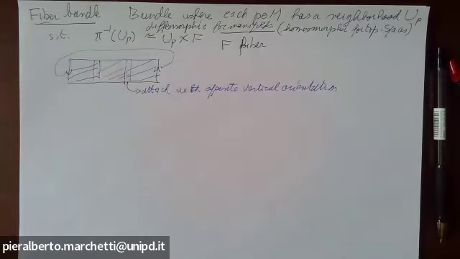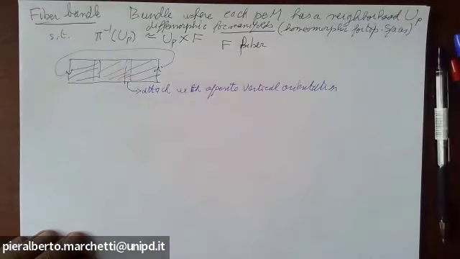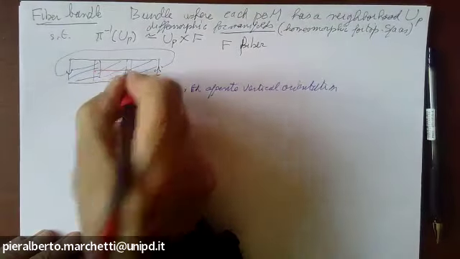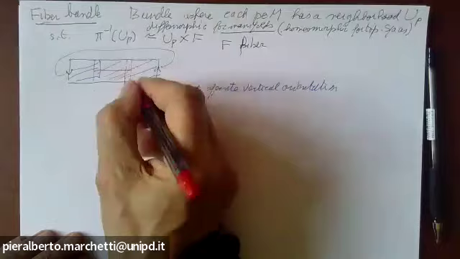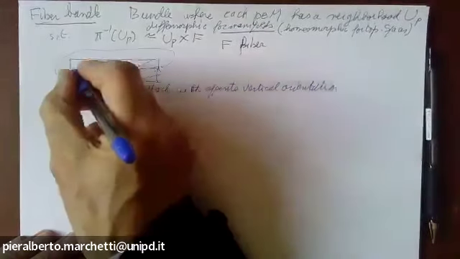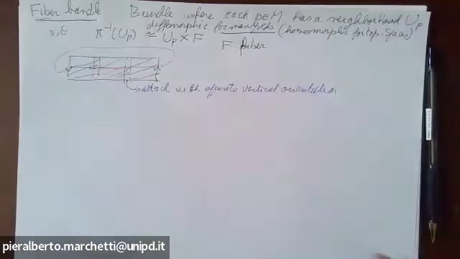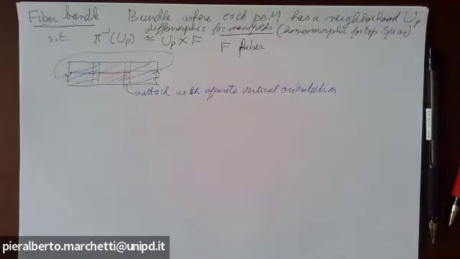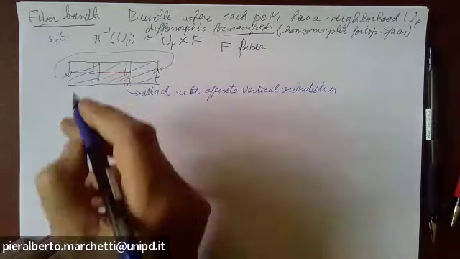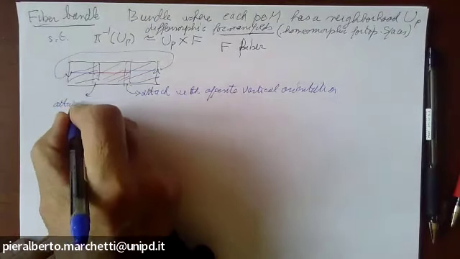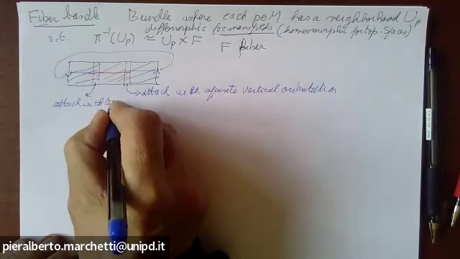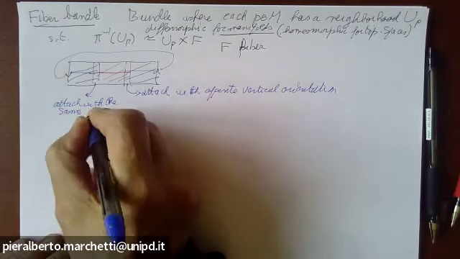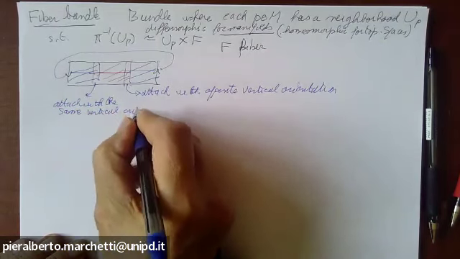Then it's clear that for each of these open sets of the circle, you have the pi minus 1 of the open set, and you see clearly that it can be written as the open set times the interval minus 1, 1. So in one intersection you attach with opposite orientation, and in the other you attach with the same vertical orientation.